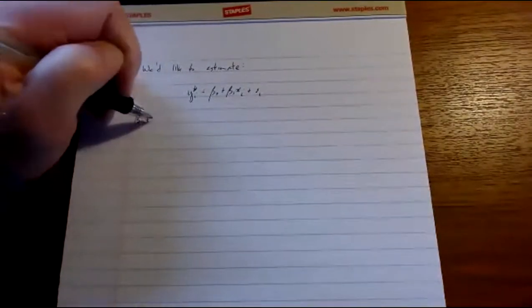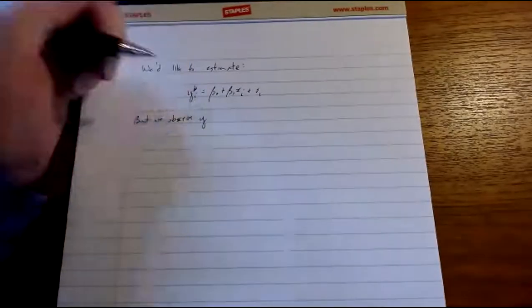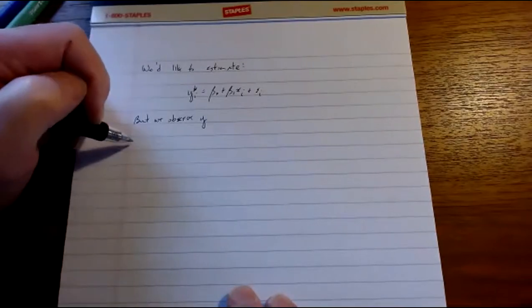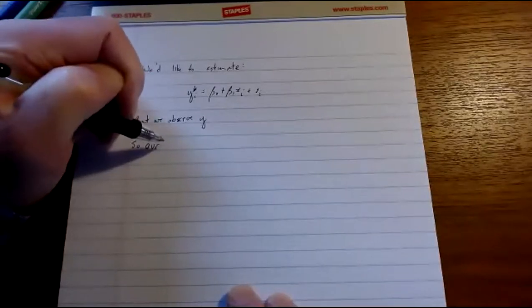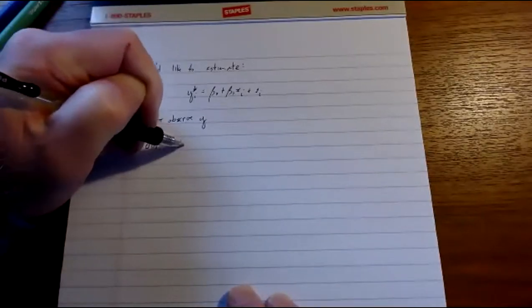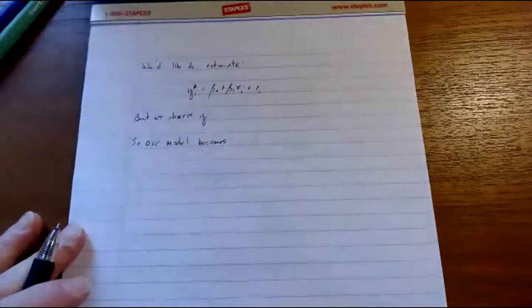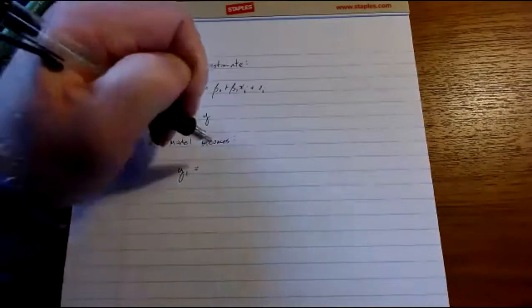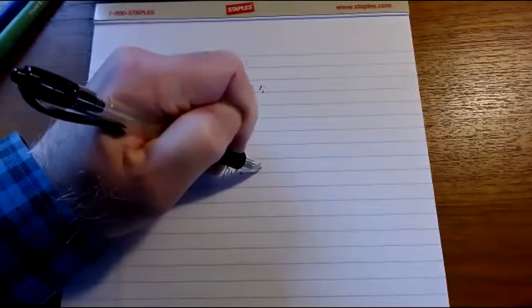But we only observe y, and so let's say our model becomes the following when we limit ourselves to what we can actually observe. Yi equals beta naught plus beta 1 xi plus epsilon i.